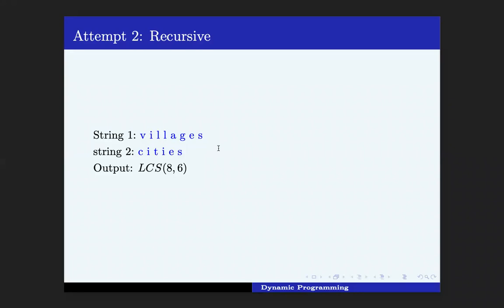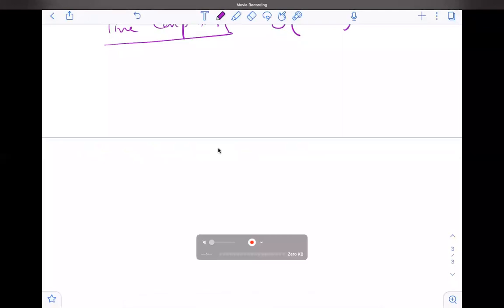So if I have a longest common subsequence of these two strings, let me write it here. I have these two strings, A1 to AN and B1 to BM, and say AN equals BM.